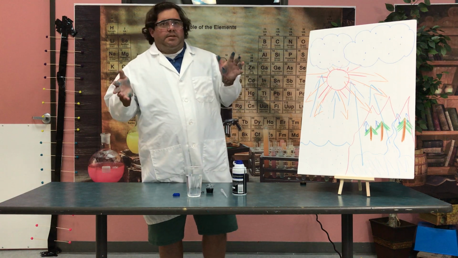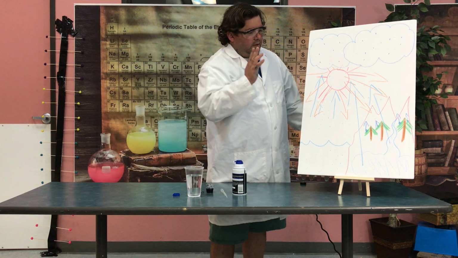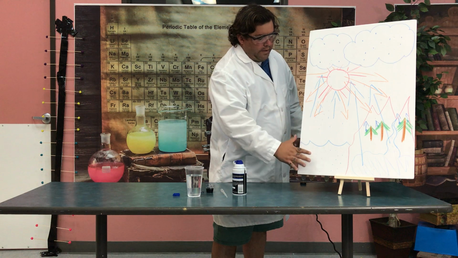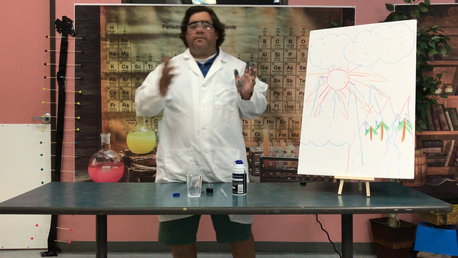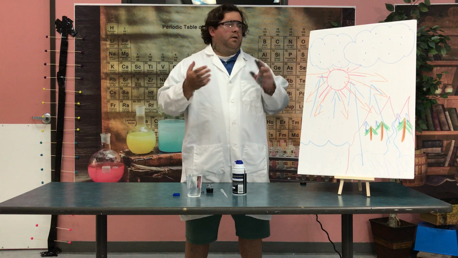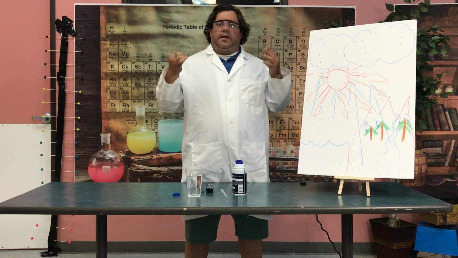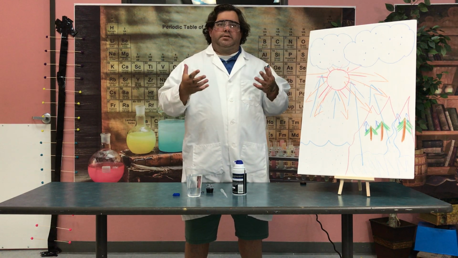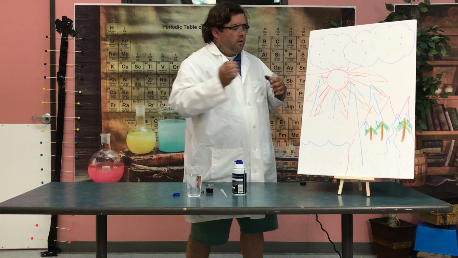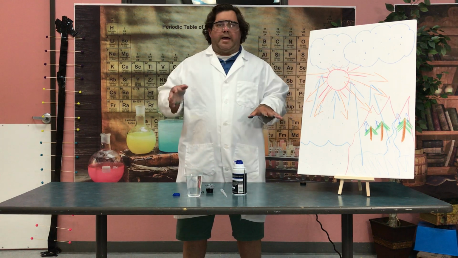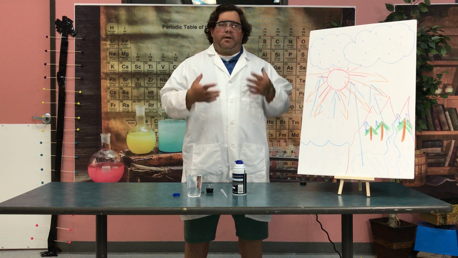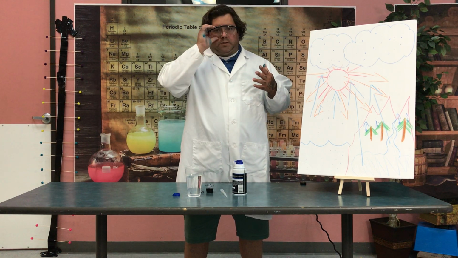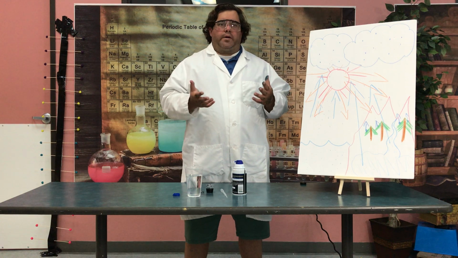So what happens is that, whether it's your ocean or a river or a stream or a lake, and even the trees give off water. When the sun hits that, it causes the water to evaporate, become water vapor. So that's the gas form of water.